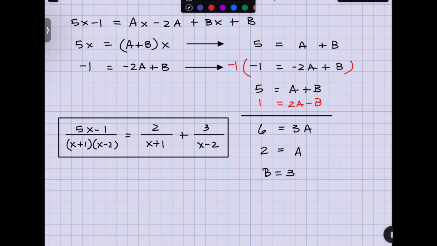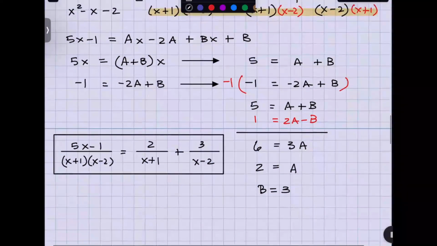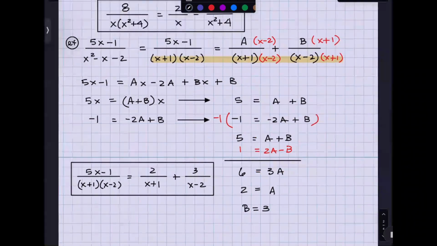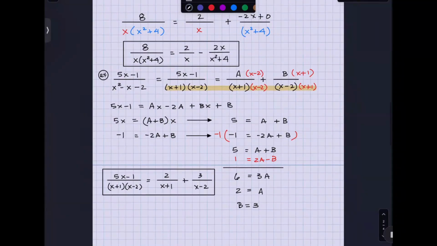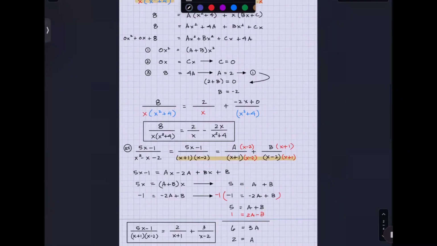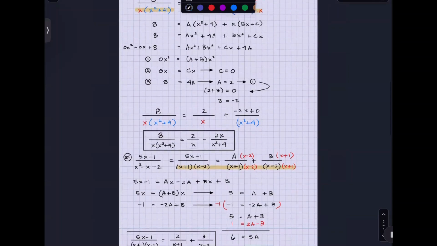Not bad. Pretty cake. It's like it was so easy.